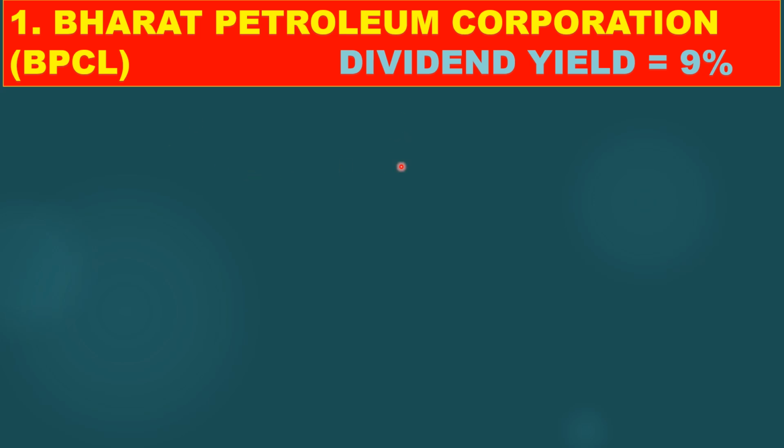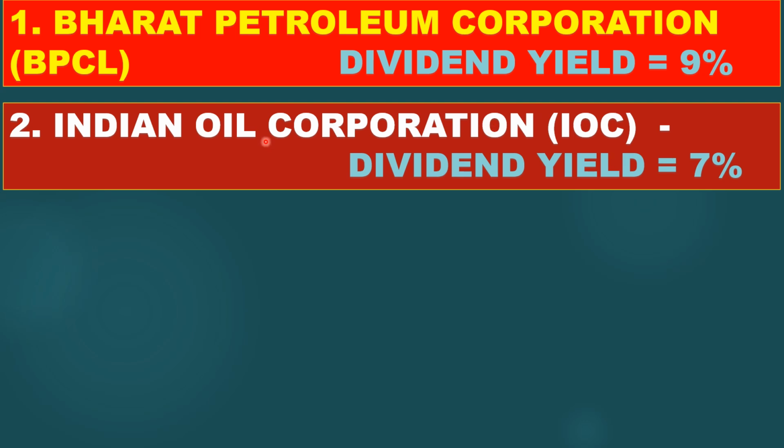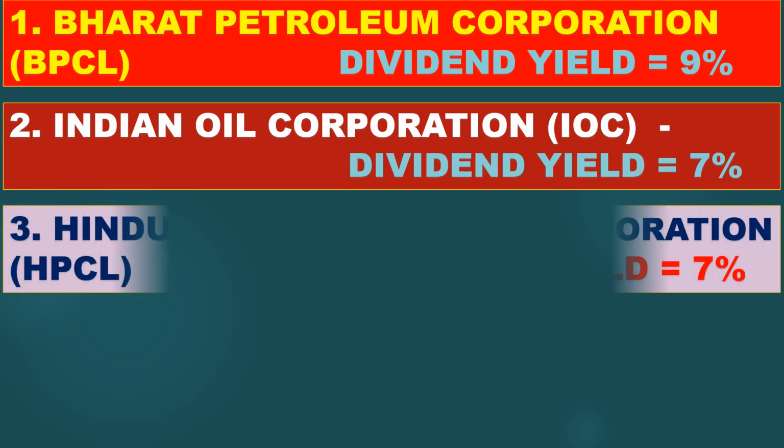Let us see now the top 5 high dividend companies that gave huge dividends. One is Bharat Petroleum Corporation (BPCL). It has given very high dividend. Dividend yield is 9%. Next comes Indian Oil Corporation (IOC). It has also given a very good dividend amount, that is equal to 7%.